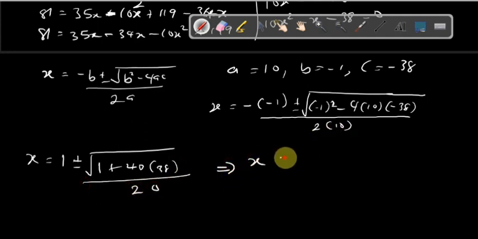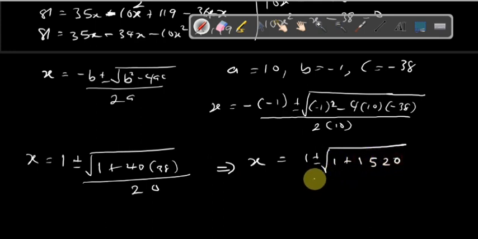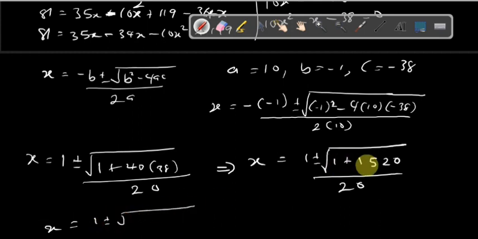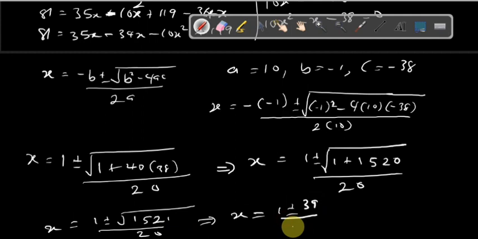This implies that x is equal to 1 plus or minus the square root of 1 plus 40 times 38, that is 1520, all over 20. So x would be equal to 1 plus or minus the square root of 1520 plus 1, that is 1521, divided by 20. So x is equal to 1 plus or minus the square root of 1521, which is 39, divided by 20.